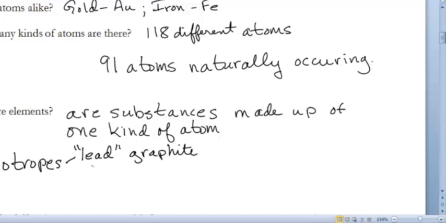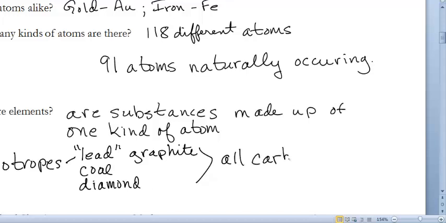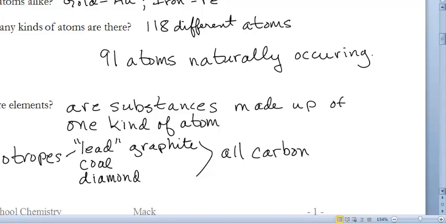And then you have something like coal, which is another form of carbon, or you are familiar with diamond, another form of carbon. And all of these are all carbon. They're just connected, each atom is connected differently to each other, and therefore we see different things.